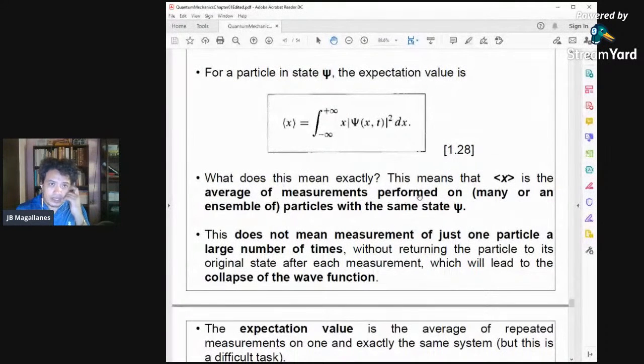The velocity is equal to the derivative of x with respect to time in classical mechanics. So we can get velocity by getting the derivative of x with respect to time and then multiplying it with the mass. We'll get the expectation of the momentum.